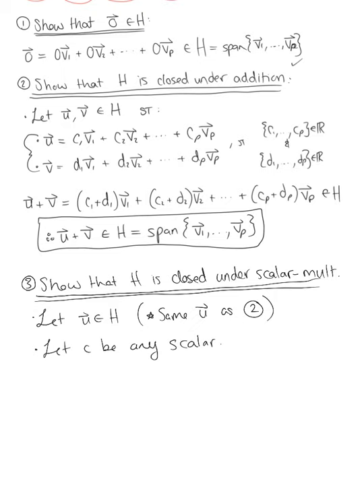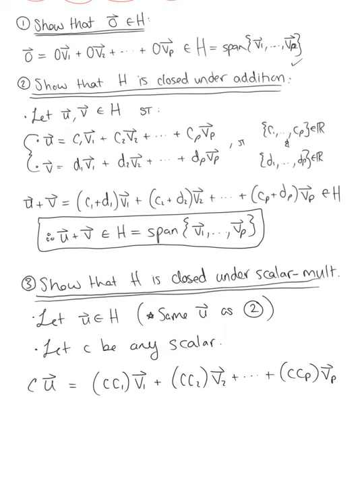To show that H is closed under scalar multiplication, we take the scalar multiple. So I have scalar c times vector u, which we are able to rewrite as c times c sub 1 times vector v sub 1, plus the scalar c times c sub 2 times vector v sub 2, and we continue all the way up to c times scalar c sub p multiplied by vector v sub p.